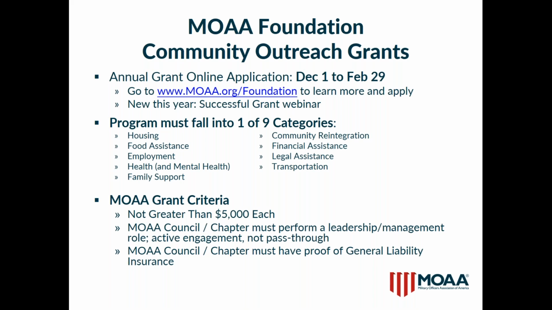Next week, we have already recorded our previous Vice President for Development recorded a successful grant webinar to walk you through that application process and the judging process, the scoring process, so that you can understand what kinds of things are compelling to the judges in order to receive one of those grants.